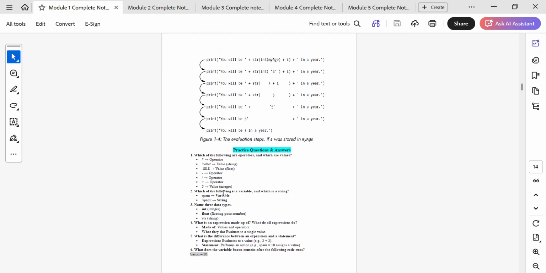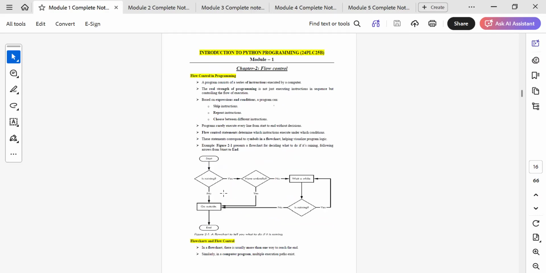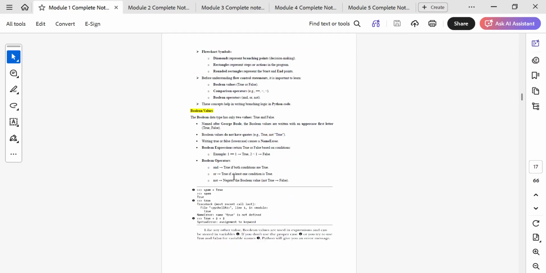Okay, and for example, for flow control, here you will get mostly data type related questions or else programming based questions. So again, I'm repeating: programs from the first module, which we have done during practice time, only those programs will come.